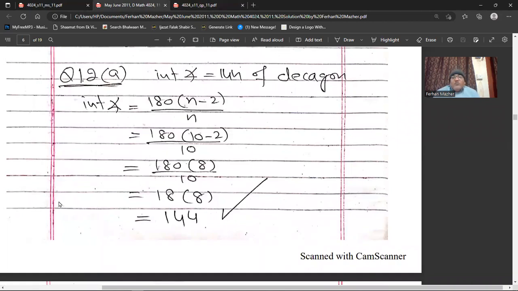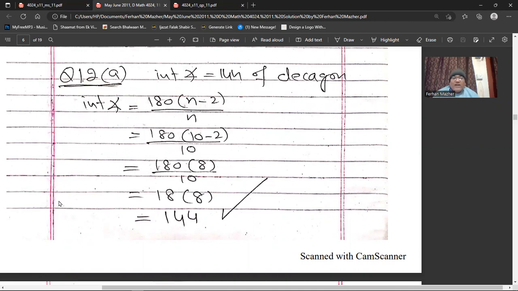The internal angle formula is 180 bracket n minus 2 bracket close divided by n. Don't forget this formula. Remember this formula. The internal angle of a regular polygon is given by this formula. In the place of n, the number of sides, a decagon has 10 sides, so substitute 10.